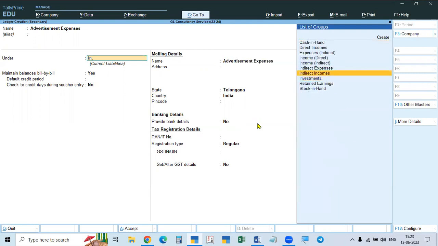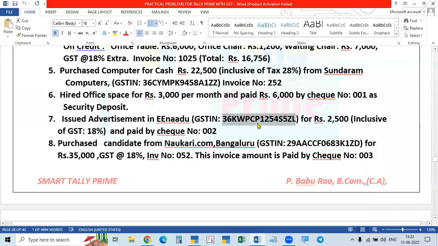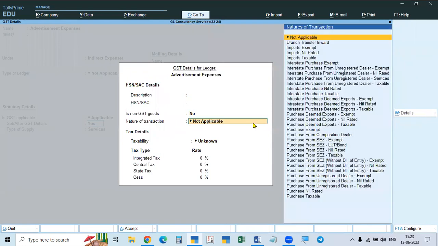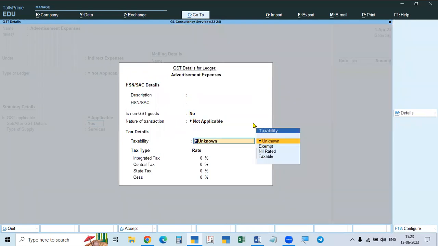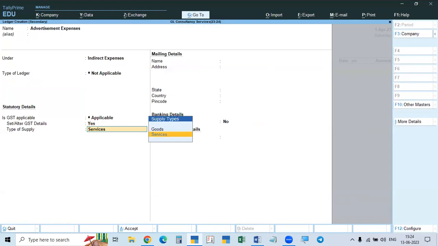And here it is taxable. Advertisement charges are taxable, and any service will be taxable at 18%. For services you get a SAC code instead of an HSN code, but at present both are the same. So now go to taxable, and the rate is 18%. Take 18%. And it is a service, advertisement service, not goods.